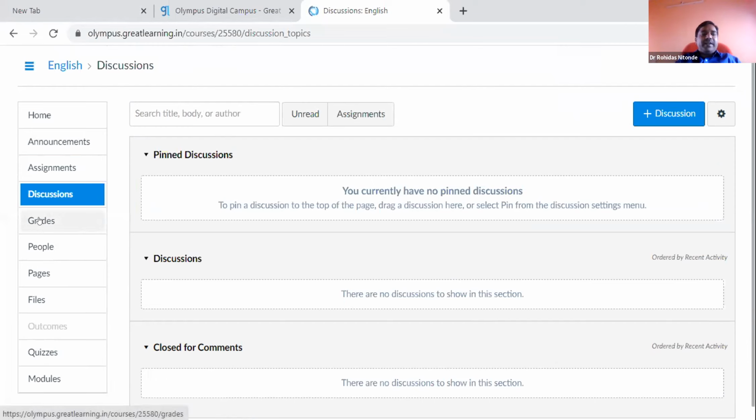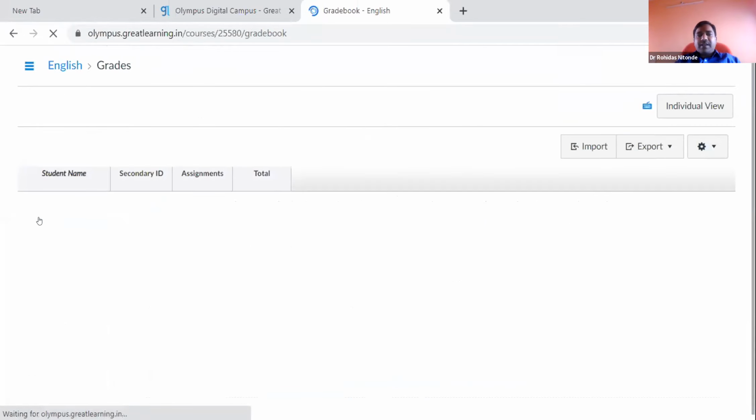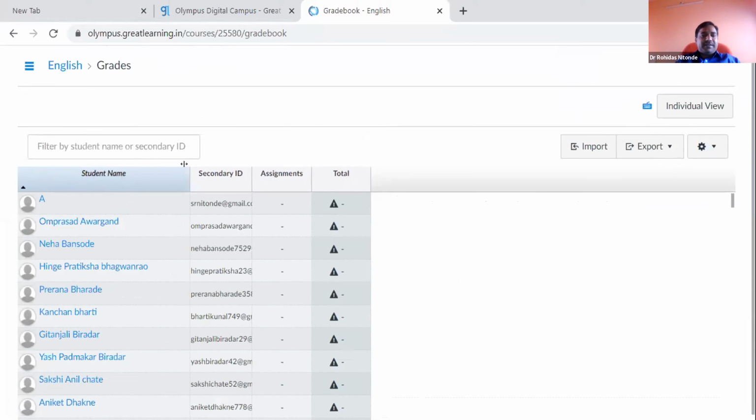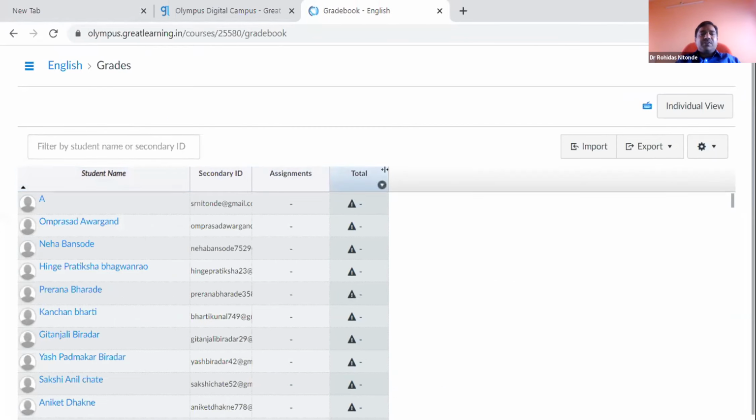Then we have grades. As there are assignments, depending on the assignments, your grades will come, and you will find your names here, with the assignments and the total grades. So this year's internal or continuous assessment marks will be reflected here on this Great Learning platform.